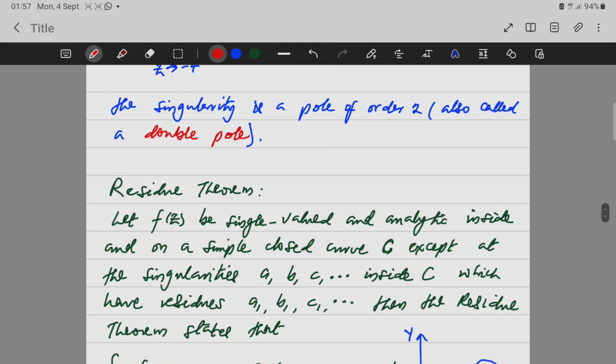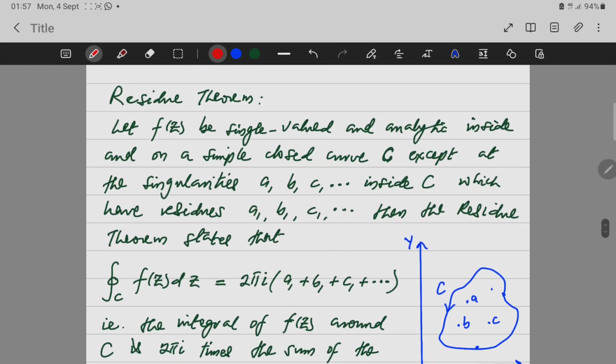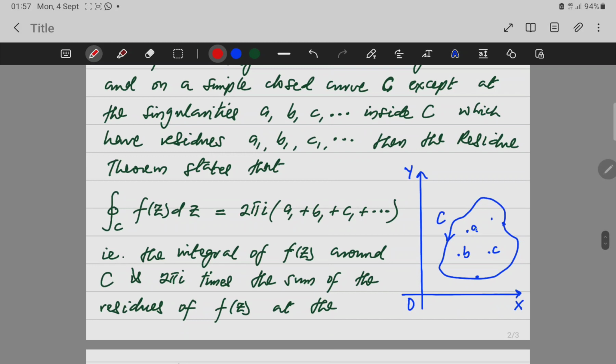So what does the residue theorem now say? The residue theorem says: let f of z be single valued and analytic inside and on a simple closed curve C, except at the singularities A, B, C inside C. If you look at this diagram, we have A, B, C, and the contour is tagged as C, which have residues A1, B1, C1, and so on.